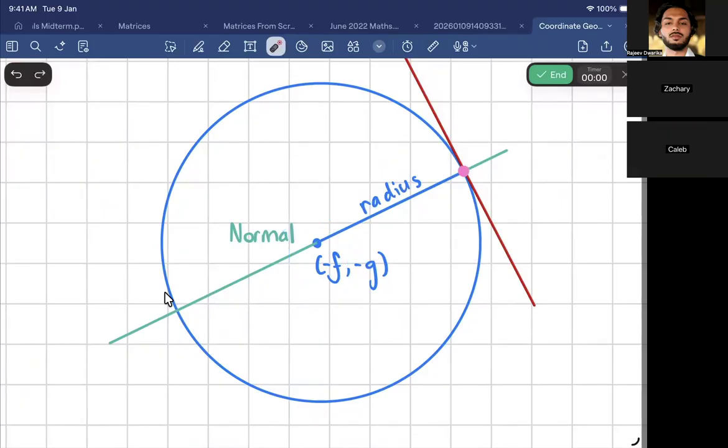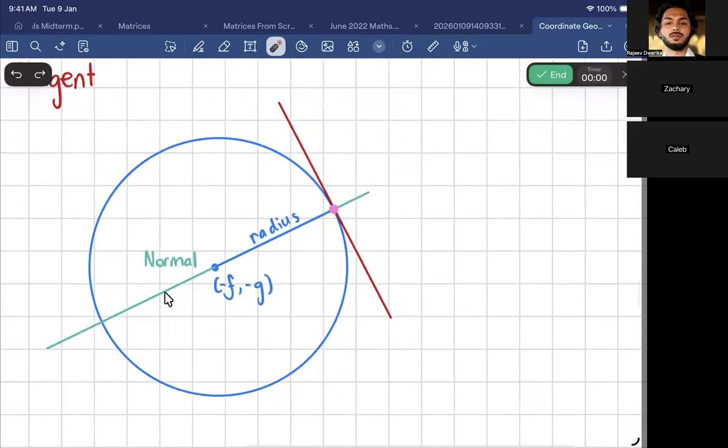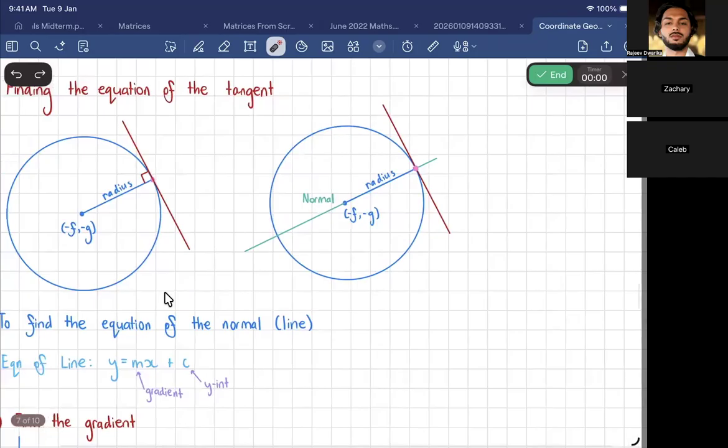No. This center has nothing to do with the tangent. The only point that lies on the tangent is the point at the circumference. So when you go into the exam, when you find the equation of the tangent, don't use the center. You'll get it wrong.